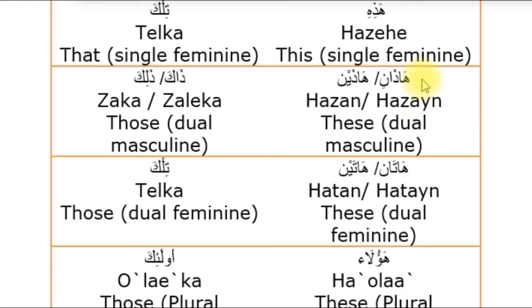For dual form, هذان, هذين, these for dual masculine. ذاك, ذلك, those for dual masculine.